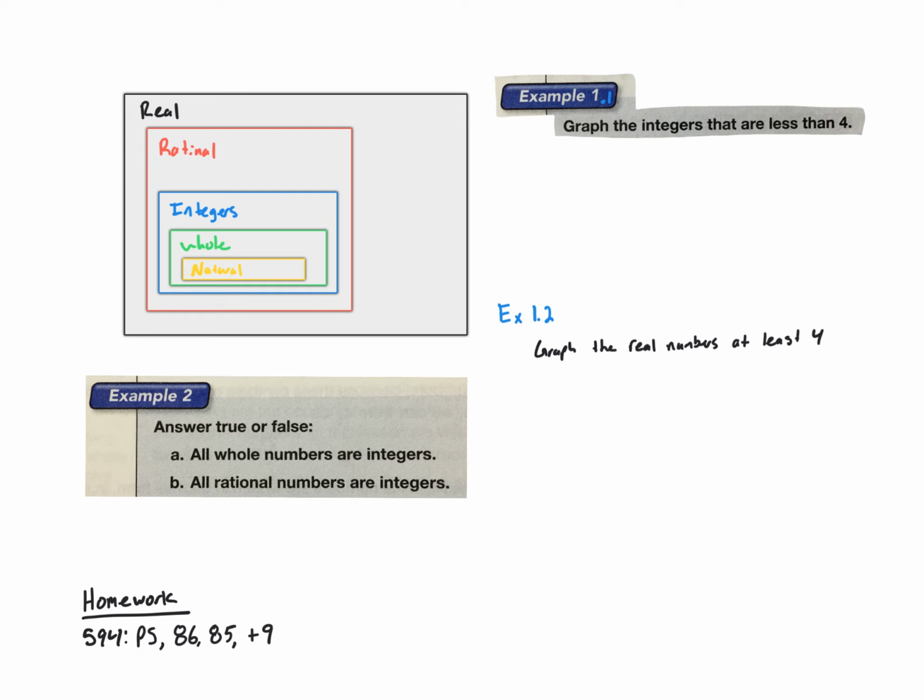So let's see if we can do a couple examples here. Example 1.1, graph the integers that are less than 4. So first off, let's make sure we realize it says integers that are less than 4.